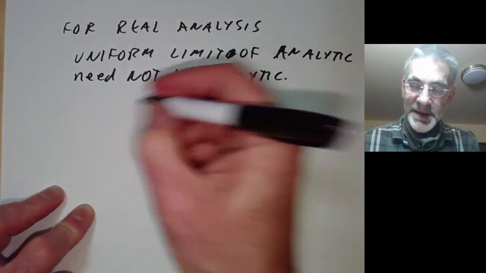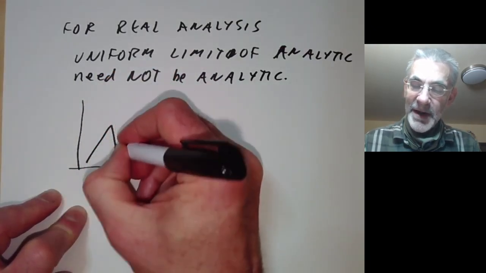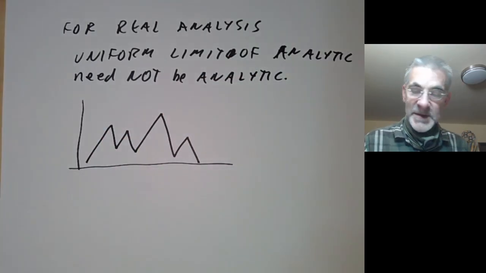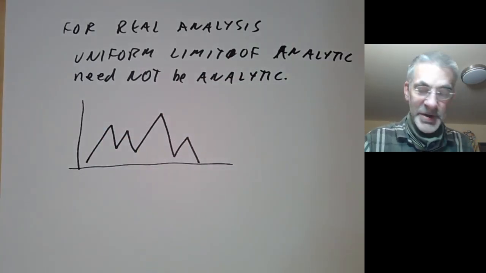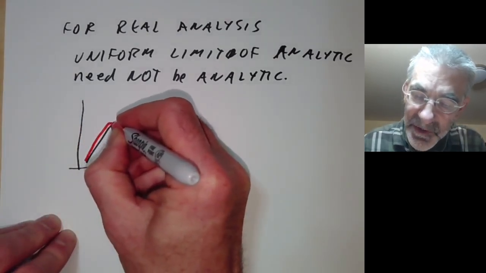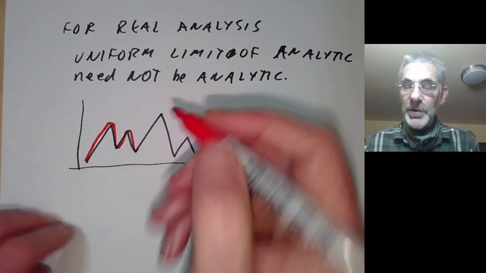The problem is that if you've got any continuous function whatsoever, so here's a continuous function with several spikes in, we can always find a smooth or even analytic function that's very close to it. We can just sort of smooth out all the corners.